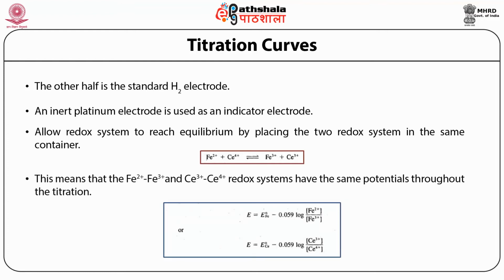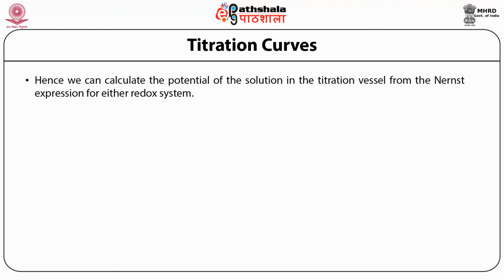This means that the Fe2 plus and Fe3 plus and the cerium 3 plus and cerium 4 plus redox systems have the same potential throughout the titration, depicted by this equation. Hence, we can calculate the potential of the solution in the titration vessel from the Nernst expression for either redox system, and we shall choose the one which is more convenient for our purposes.